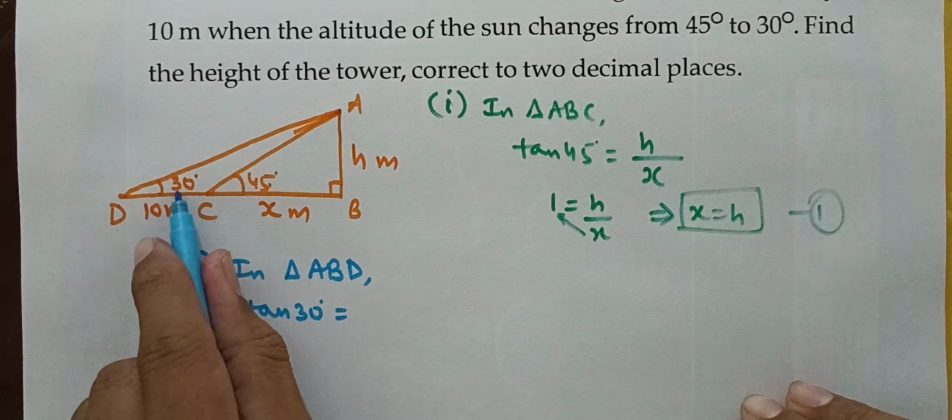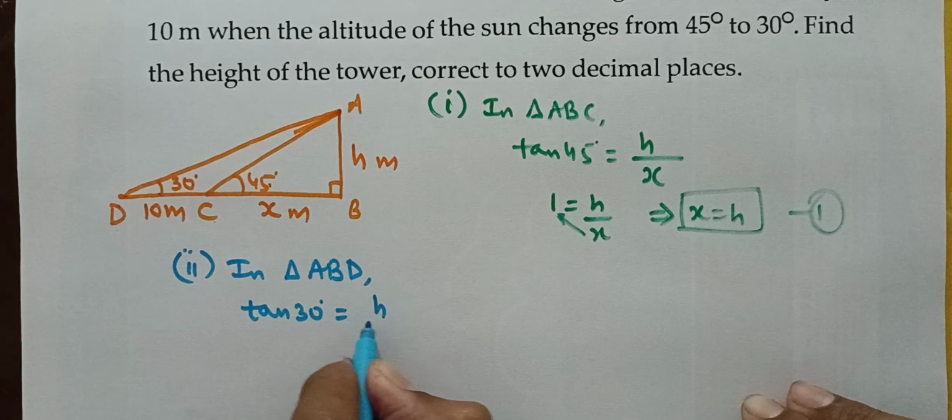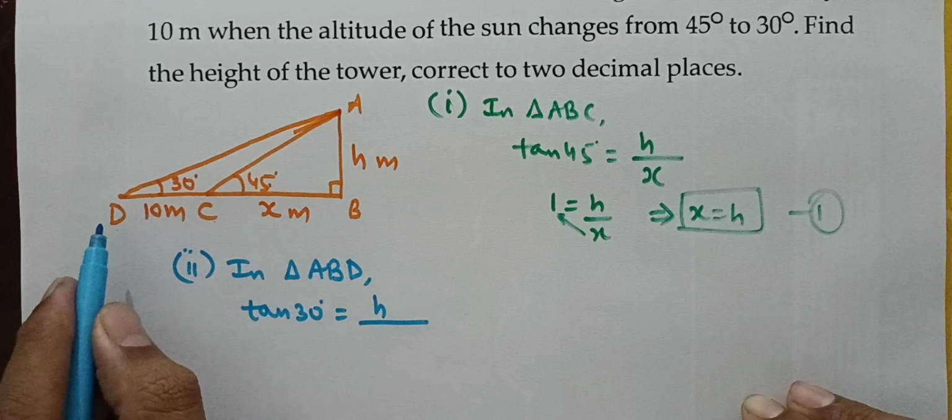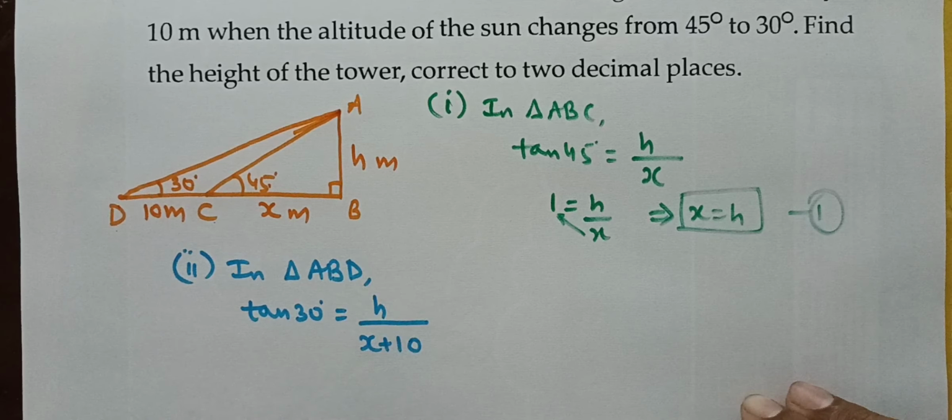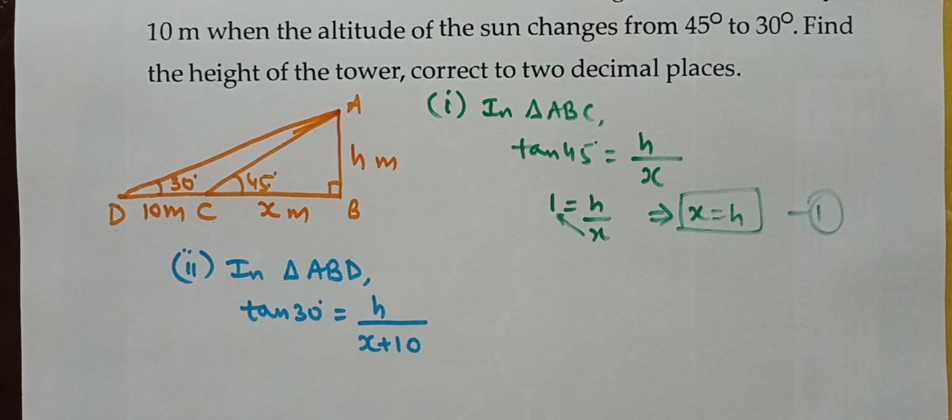With respect to 30 degree, opposite side is h and adjacent side is B to D. B to D means 10 plus x, or we can write x plus 10, but not 10x, because 10x means we have to multiply. Here we have to add both measurements, 10 and x.